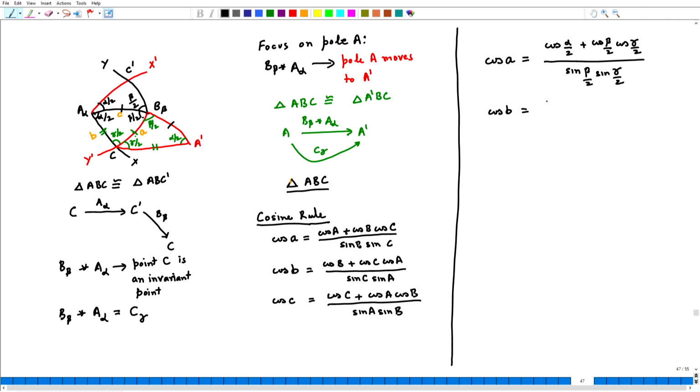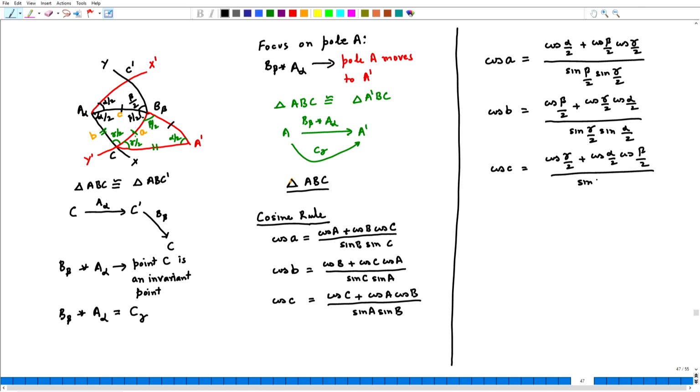Cos b would be cos of beta by 2 plus cos of gamma by 2 cos of alpha by 2, divided by sin gamma by 2 sin alpha by 2, and cos c is equal to cos of gamma by 2 plus cos of alpha by 2 cos of beta by 2, divided by sin alpha by 2 sin beta by 2.